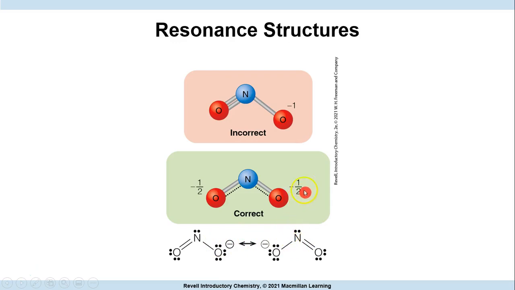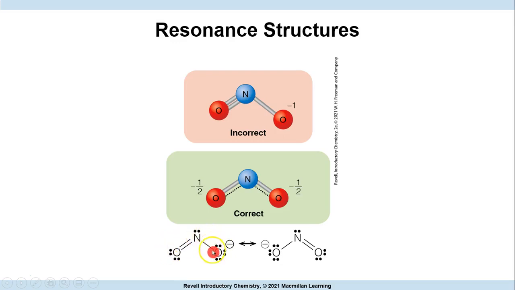So if we decided that we were going to choose this as the correct structure, that would mean that the nitrogen-oxygen single bond would be longer than the nitrogen-oxygen double bond. Okay, so experiments have shown that the nitrogen-oxygen bonds are actually the same.